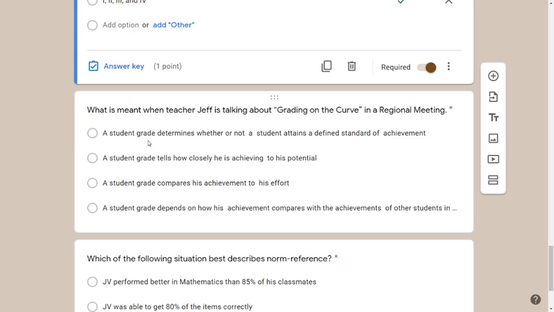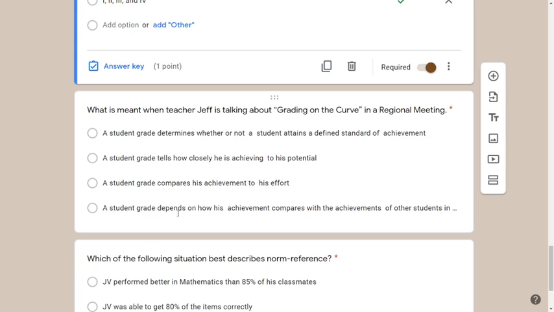A, a student grade determines whether or not a student attains a defined standard of achievement. Well, this doesn't fit my explanation earlier. B, a student grade tells how closely he is achieving his potential. No. C, a student grade compares his achievement to his effort. Not even close.